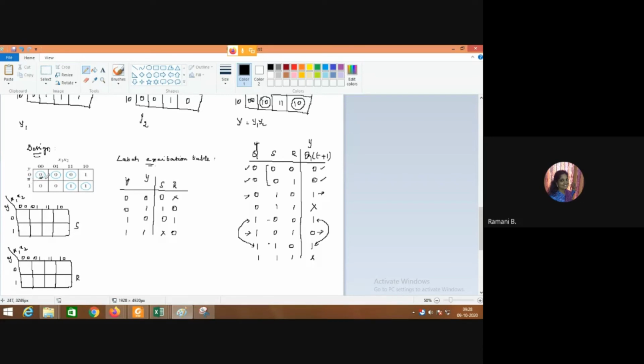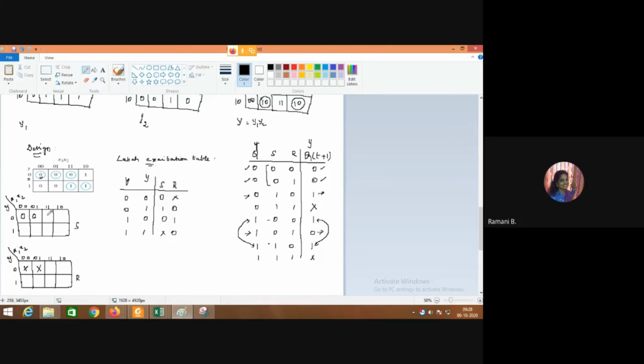Small y is 0 and capital Y is 0. That gives S equal to 0 and R equal to don't care, so I fill that value simultaneously in both the maps. Again, we have the 0, 0 condition, so S is 0 and R is don't care.